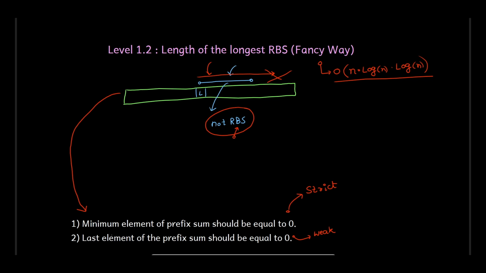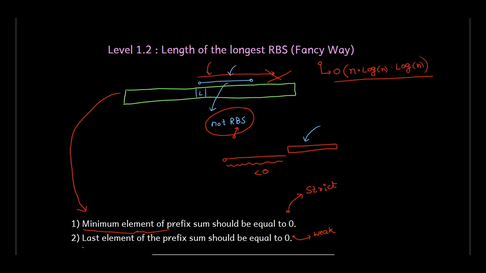You will notice that if anybody violates the strict condition, that is, if the minimum element in the prefix sum array drops below 0, if it becomes negative, then no matter what you do on the right hand side, it can never ever be an RBS.